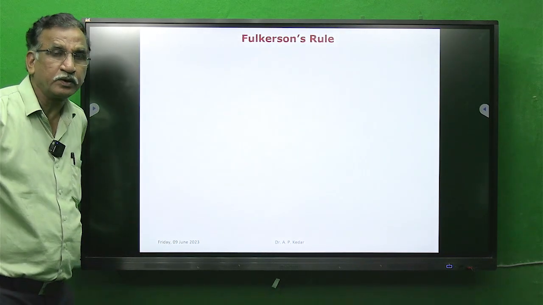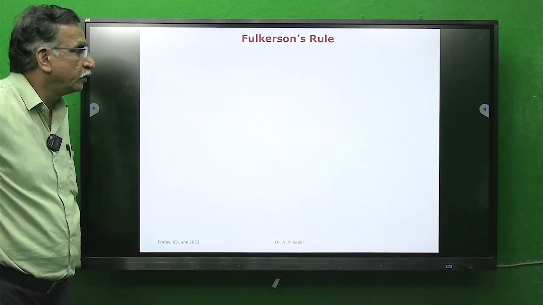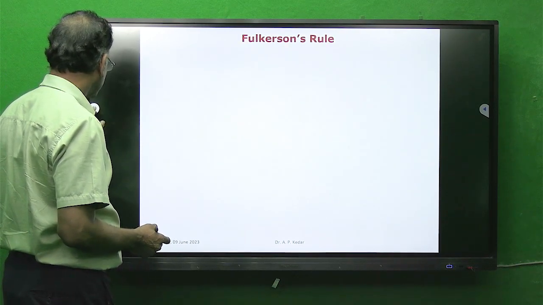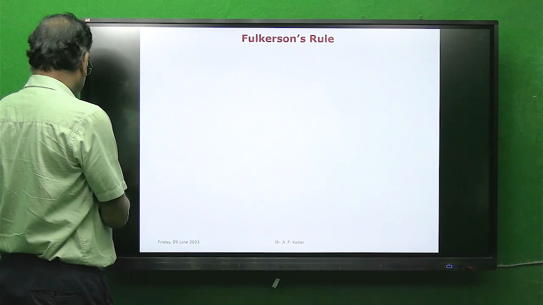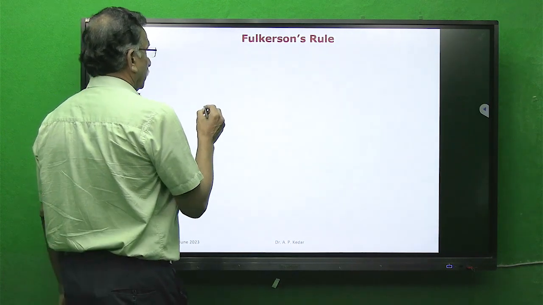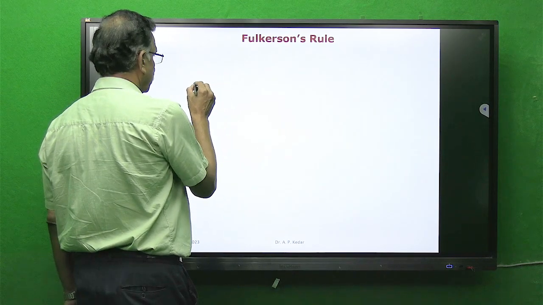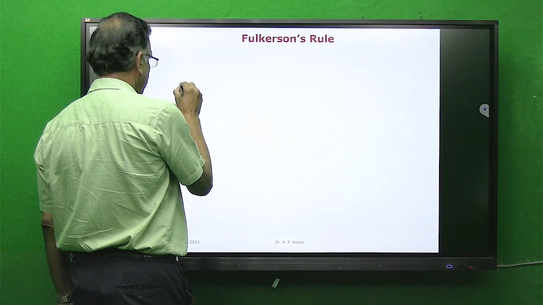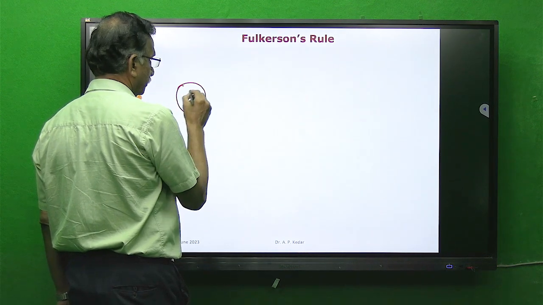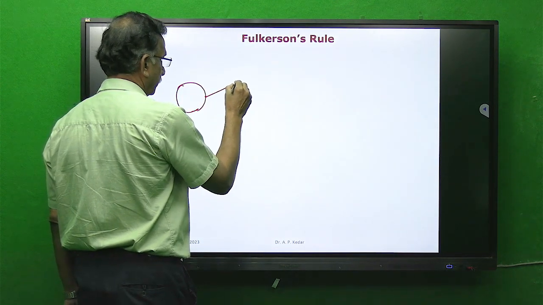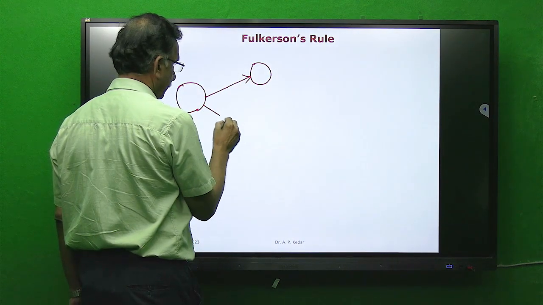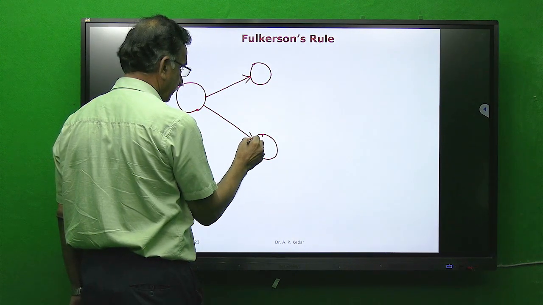Now here I have written Fulkerson's rule. Let's understand what the rule states. Suppose I draw a simple network for the project to understand the concept of numbering the events.